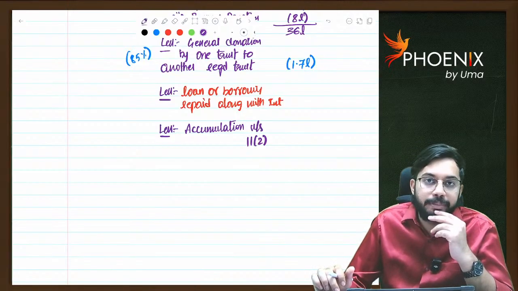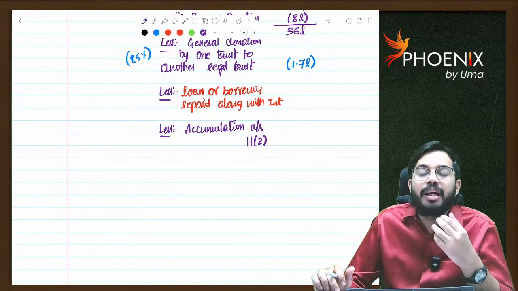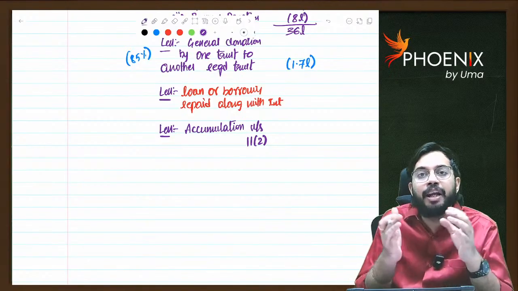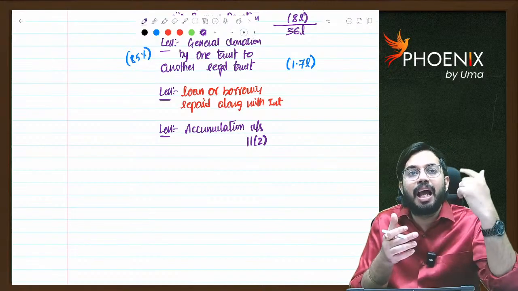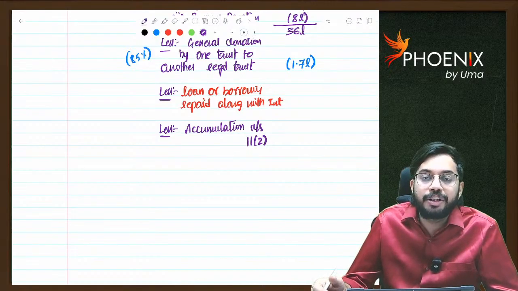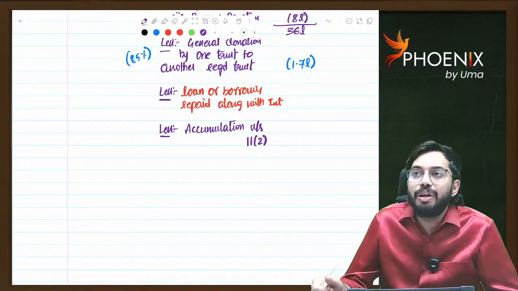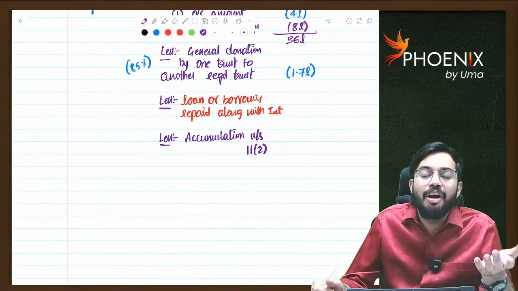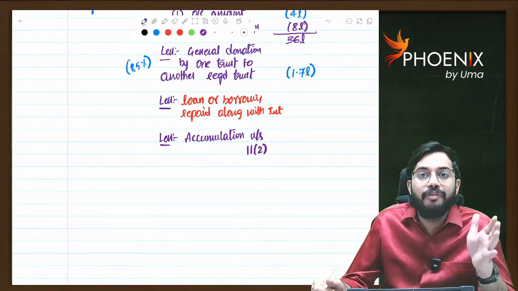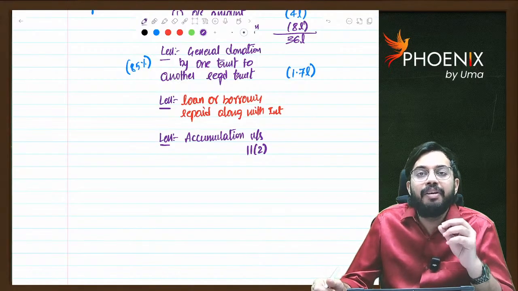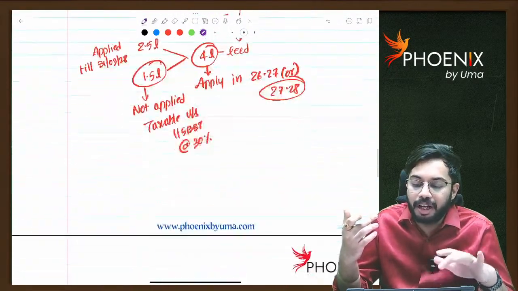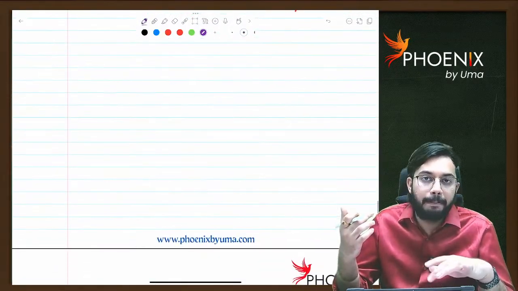That is not possible. So what I will do is accumulate the amount every year. After accumulating the amount, I will use it for the purpose of construction of another function hall. This is used in many offices. Whatever the income on which tax is payable, they will create some specific purpose. Let's say I wanted to build a function hall, that is the specific purpose.